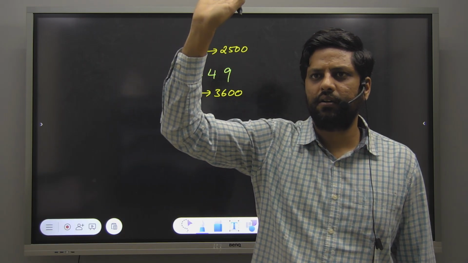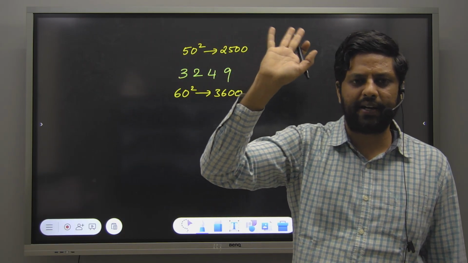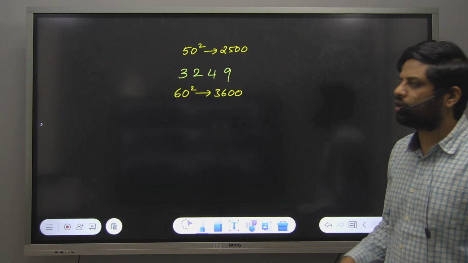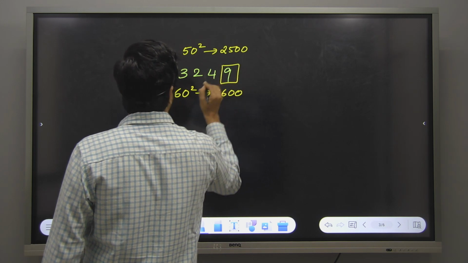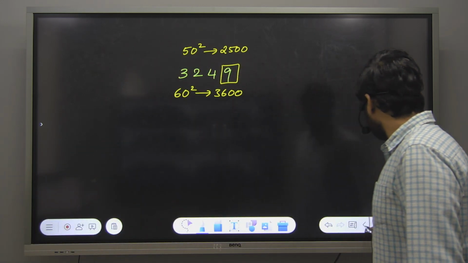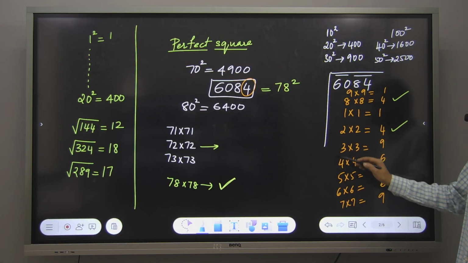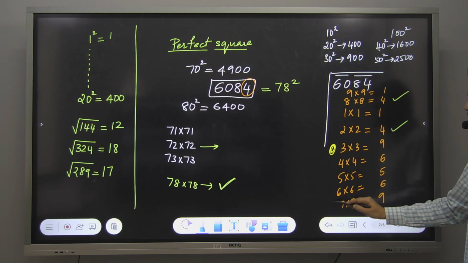Step number 1 is clear. We know what to do. We'll go with step number 2. Ending with what? Ending with 9. When will it end with 9? With 3 and 7.